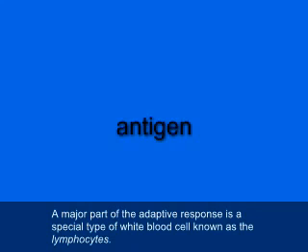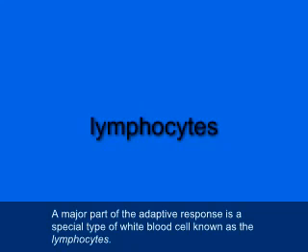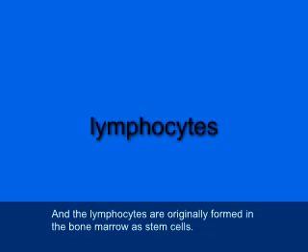And a major part of the adaptive response is a special type of white blood cell known as the lymphocyte. The lymphocytes are originally formed in the bone marrow as stem cells.